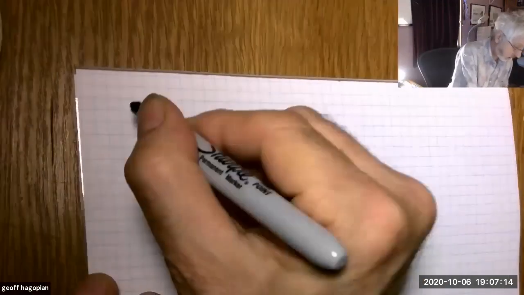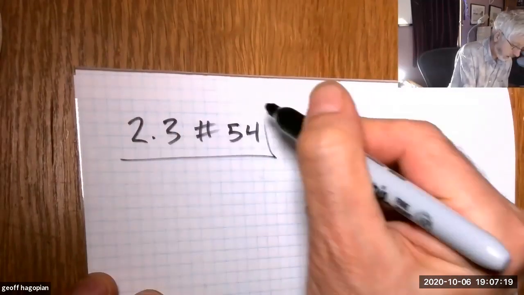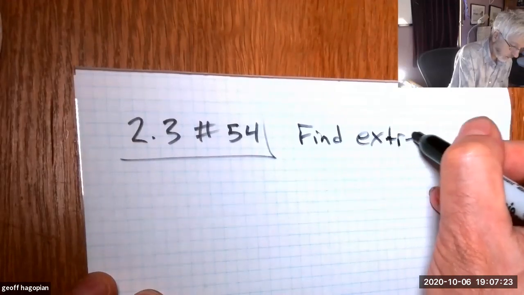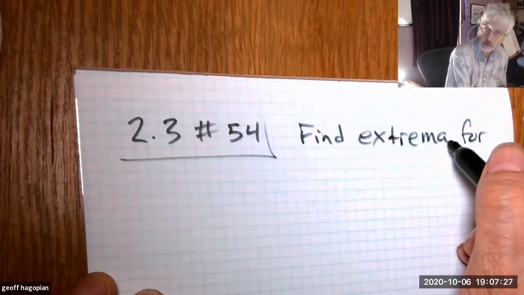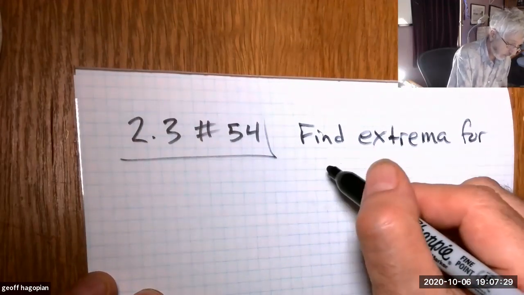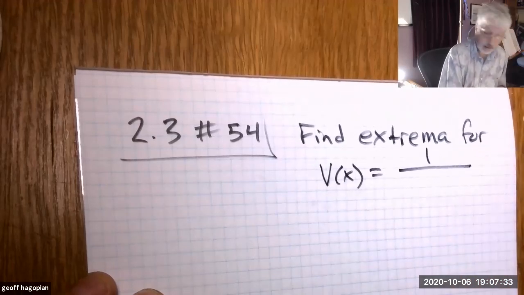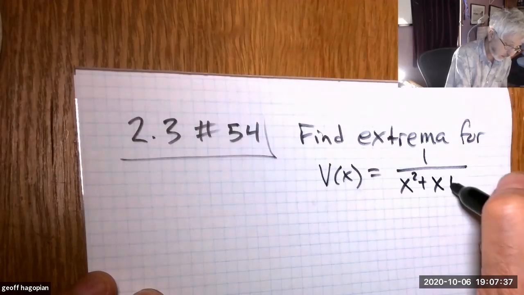So this is 2.3, number 54. Find extrema, that's local max and min (extrema is the plural of extremum) for v of x is 1 over x squared plus x plus 1.